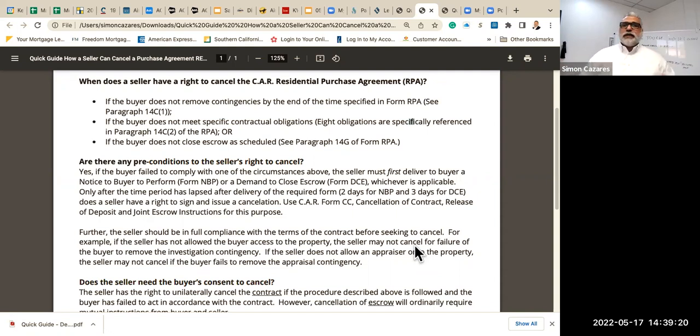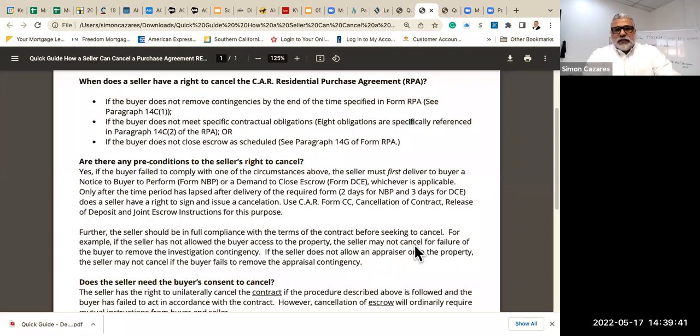Don't confuse one, and I get this a lot with agents. I'm confused. Is it 72 hours or is it 48 hours? Notice to perform, 48 hours, buy side, sell side. 72 hours, the demand to close, buy side or sell side.